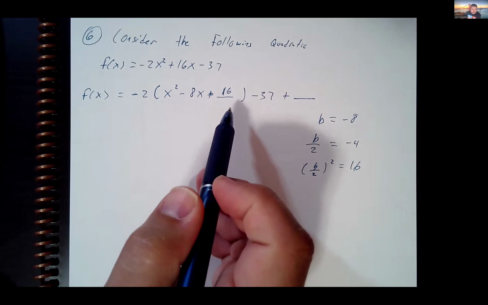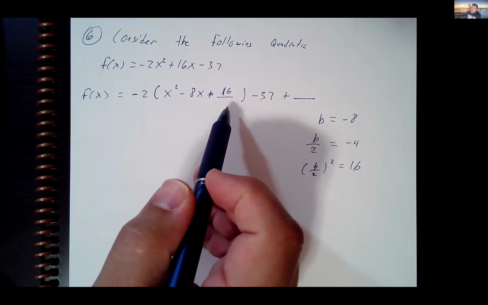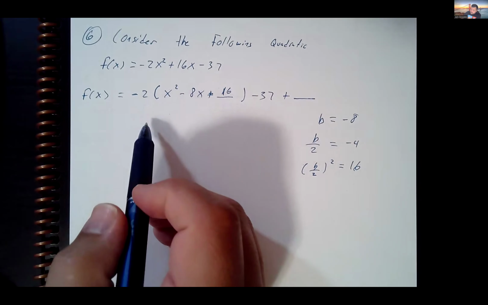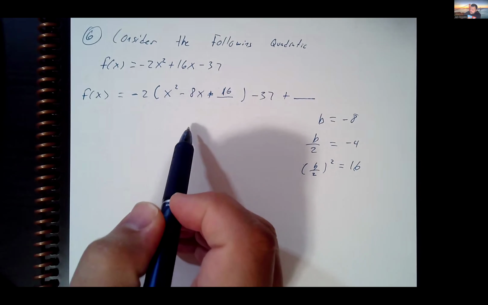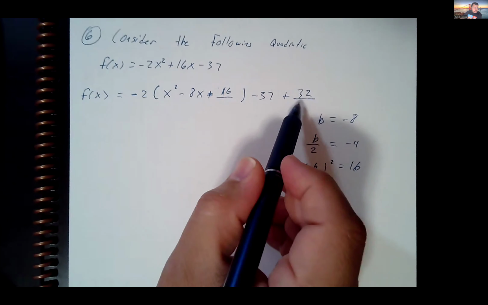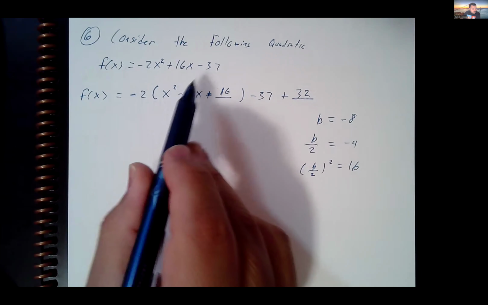So it's really a 32. So I am actually subtracting 32, because 16 times -2 is -32. So to undo what I just did, I'd have to add 32 here. So this 32 would cancel with this -32 that would come out if I were to multiply it out.